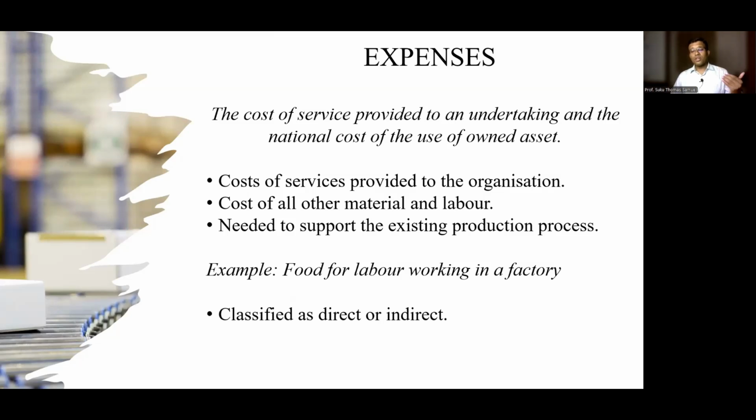Now, the cost of service that is provided to an organization is what you call expenses. Now, these expenses are incurred to provide support to the existing production activity. So we have the example of food, which is provided to the laborers working in a factory. This can be further classified as direct or indirect.